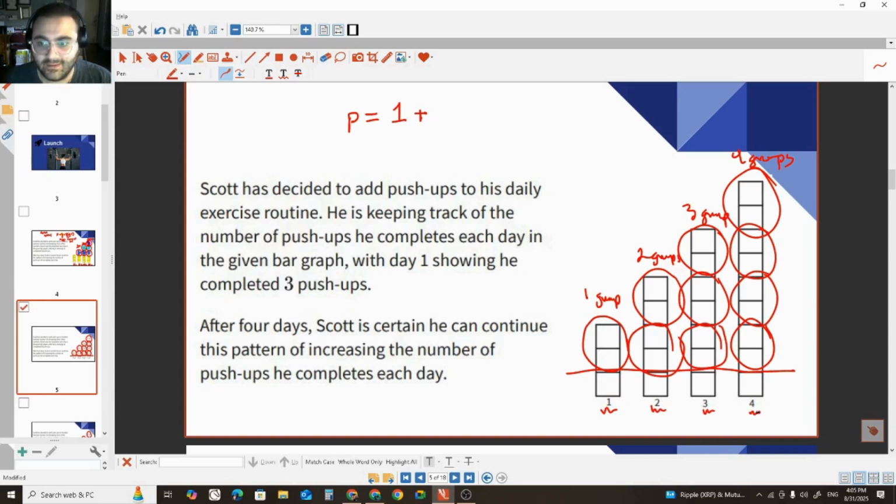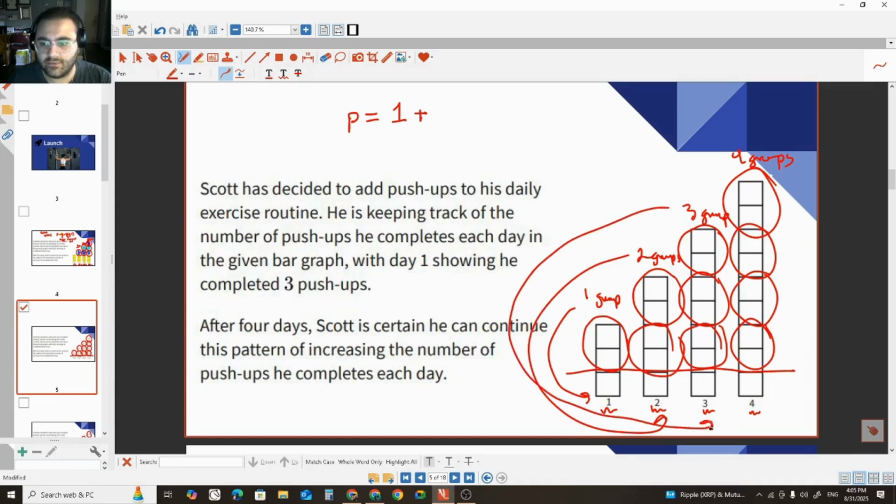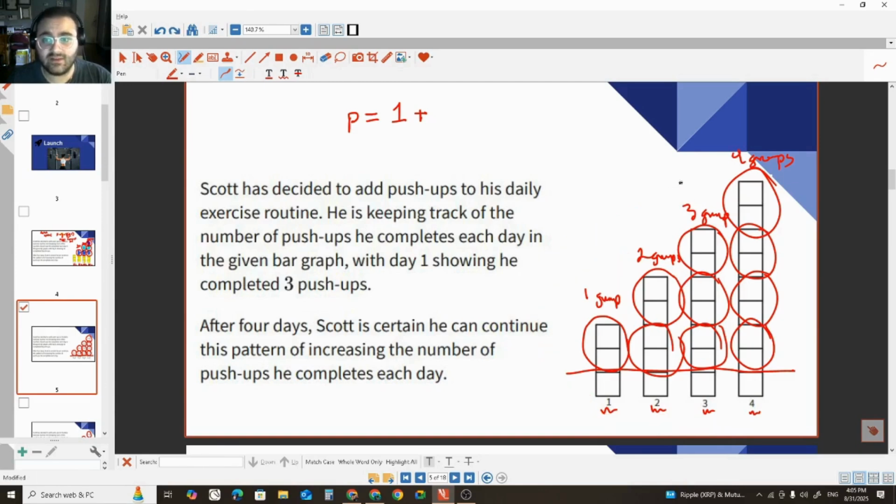Well, it's actually the same, right? If we have 1 group on day 1, 2 groups on day 2, 3 groups on day 3, 4 groups on day 4. So it's actually always the same, and we always have those D groups of 2 blocks.